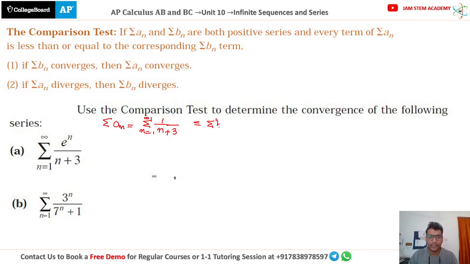So summation bn is summation n equals 1 to infinity of e to the power n over n plus 3.